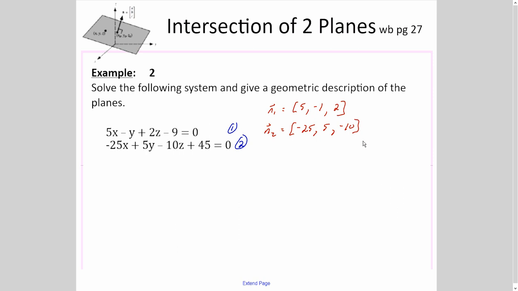And again, I can see that n2 is a scalar multiple of n1. Instead of going through the whole process and doing the division, because I recognize it right away, I'm going to say that n2 is equal to -5 times n1.